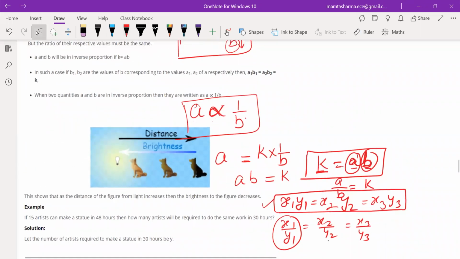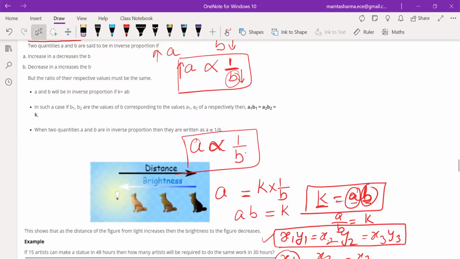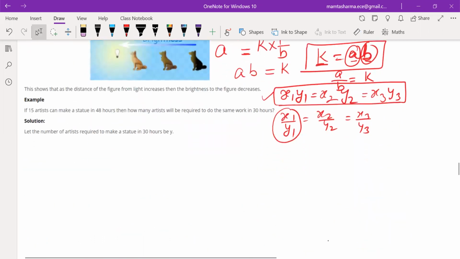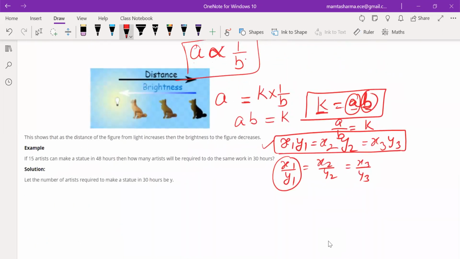Can you give any real-time example of this inverse relation? See, in this photo, this is a light. If the distance from the light increases, the brightness will decrease. So you can say there is an inverse relation between distance and brightness. Or if you drive a car at high speed, the time taken to reach the destination will reduce.